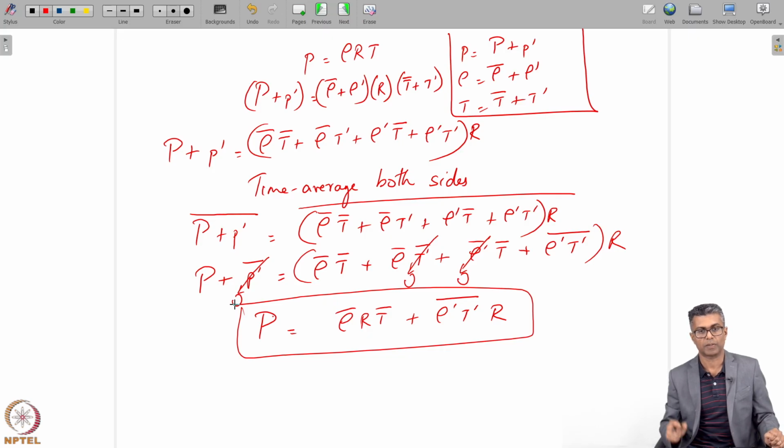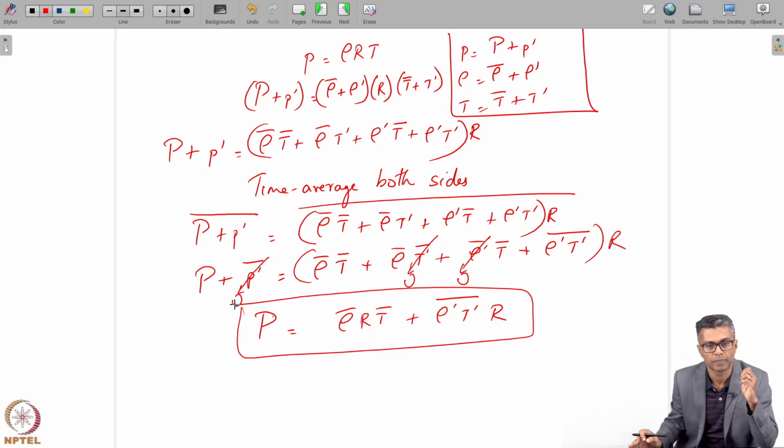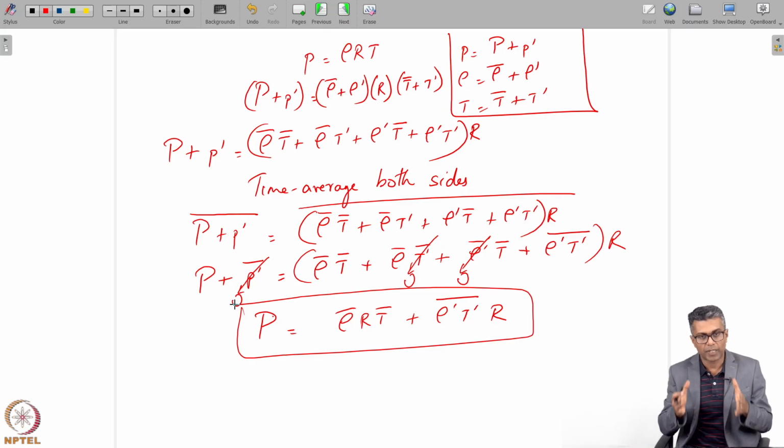This is your final answer. I hope this is clear. So all we did was take the ideal gas equation, decompose it into average and fluctuation, and then time average both sides. That's what we did.